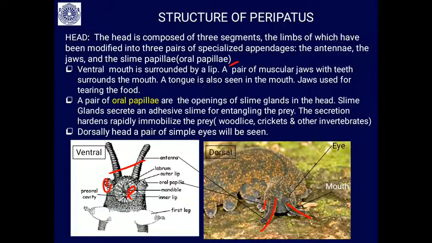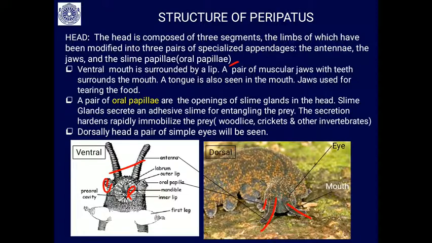The thick slime is used much like how we wrap things with plastic; similarly, it wraps the prey and immobilizes it. The entangled insects like wood lice, crickets and other invertebrates get immobilized, and then it eats them. It's an offensive and defensive organ, and it is also used to capture the prey.